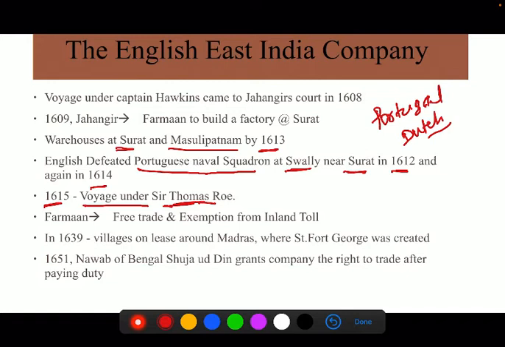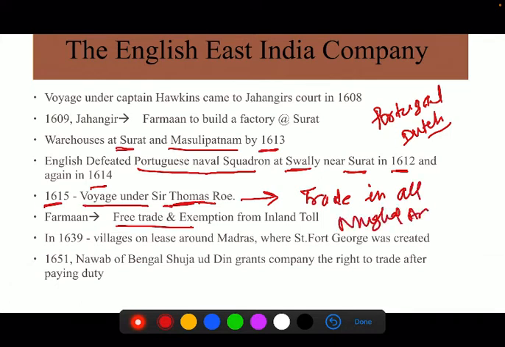Jahangir provided him more relaxation, free trade and exemption, and this time Jahangir told him to do trade in all Mughal area. So from the west coast to all Mughal ruled area, Jahangir gave permission.